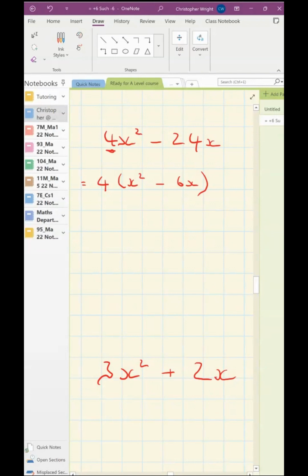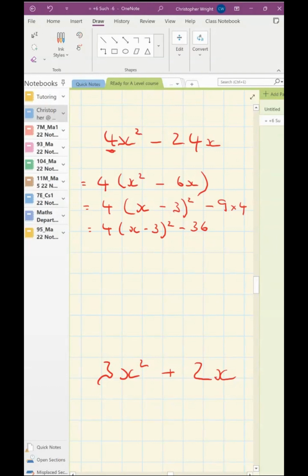And now this is going to be much more straightforward, because if I just concentrate on that bracket, I can write that as x minus 3 squared, and that will give me the minus 6x, but it also gives me another extra plus 9 in the bracket. So I'm going to need to subtract 9, but be careful, because the extra plus 9 in that bracket is going to be multiplied by 4. So I'm going to need to subtract 9 times 4. So my final answer is that.